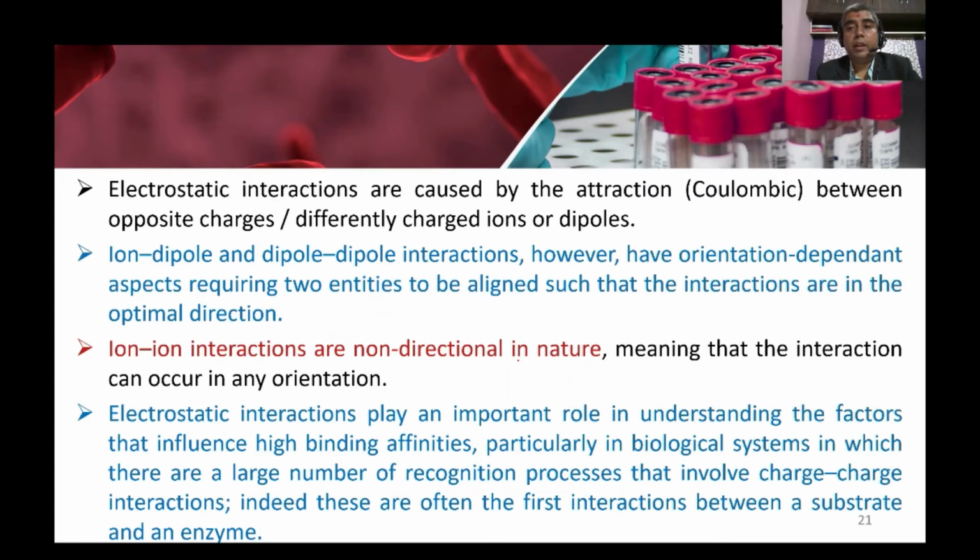Ion-dipole and dipole-dipole interactions, however, have orientation dependent aspects, requiring two entities to be aligned such that the orientation is in an optimal direction. Ion-ion interactions are non-directional in nature, meaning that the interaction can occur in any orientation.